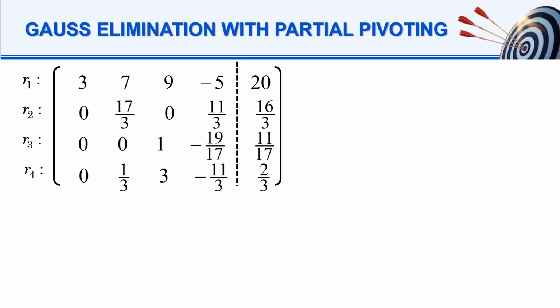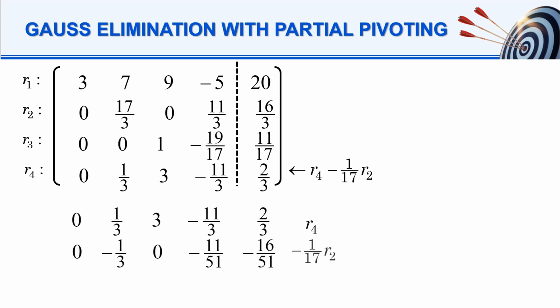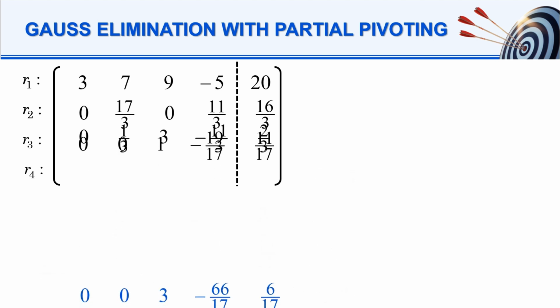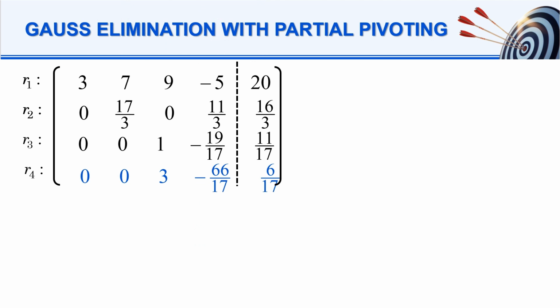To eliminate 1 over 3 in the fourth row, we add minus 1 over 17 times row 2 to row 4. The new row replaces row 4. This operation also marks the end of the second pass.